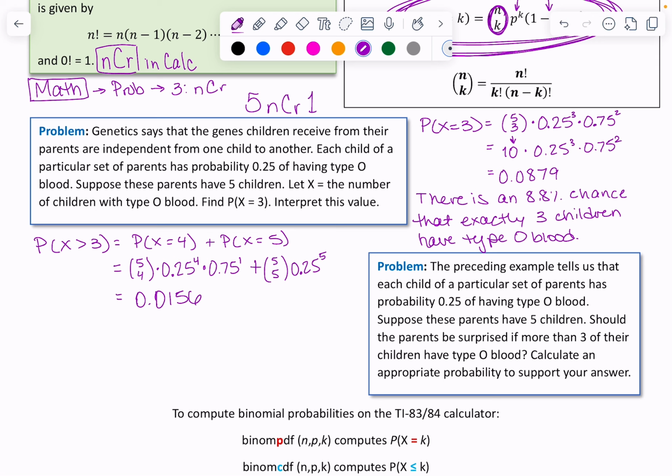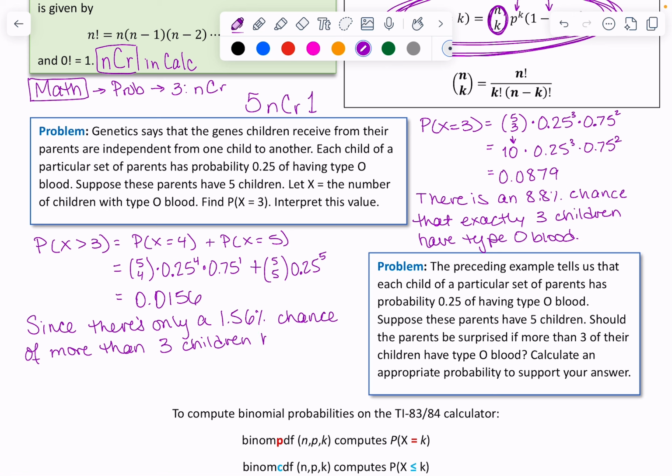Yes, since there's only a 1.56% chance of more than 3 children having type O blood. The parents should be surprised.